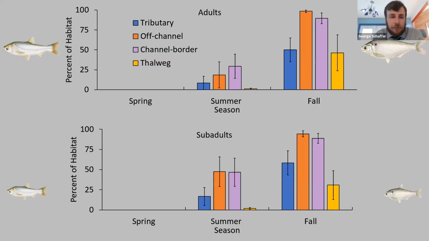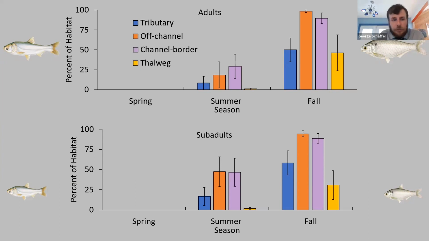And we see very similar trends occurring with subadults, where the highest amount of spatial overlap is occurring in off-channel and channel border habitats, and the lowest in the thalweg habitat. So this might further suggest that there is high competition occurring for high quality habitats, because the off-channel and channel border habitats were also considered the best habitat types from our model.